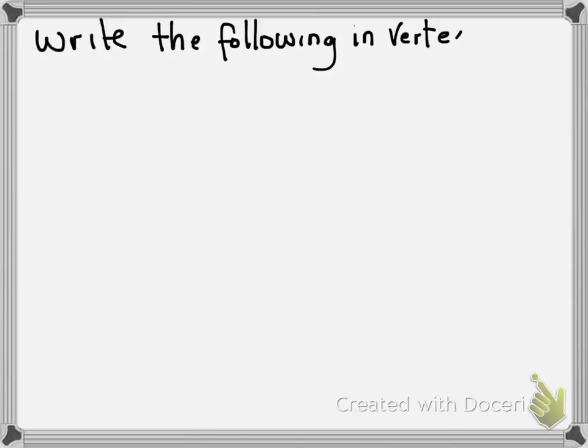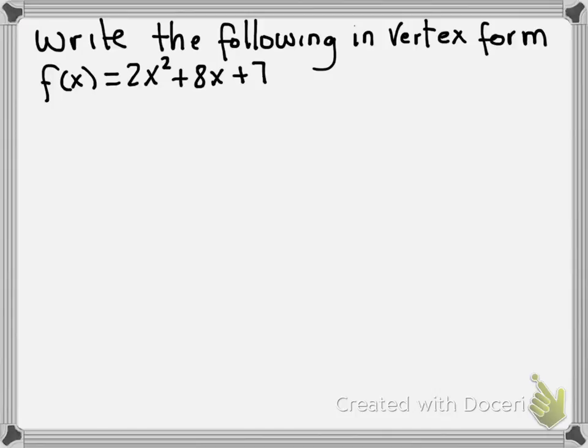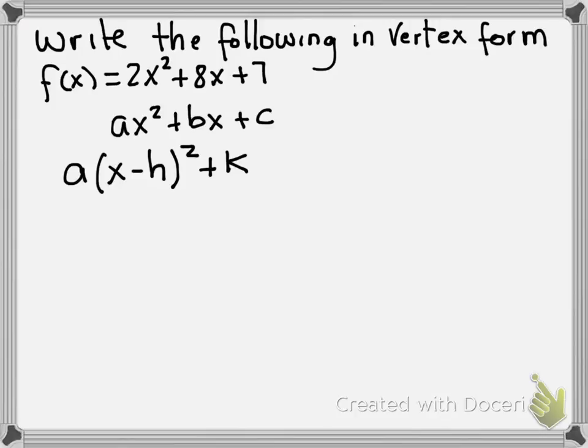Now, we're going to take a general form function and write it in vertex form. The steps to do this are a bit simple, but let us look at it. Step 1, we want to make sure the leading coefficient of 2x squared plus 8x plus 7 is 1.